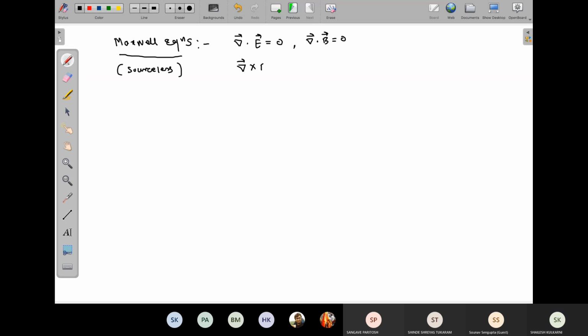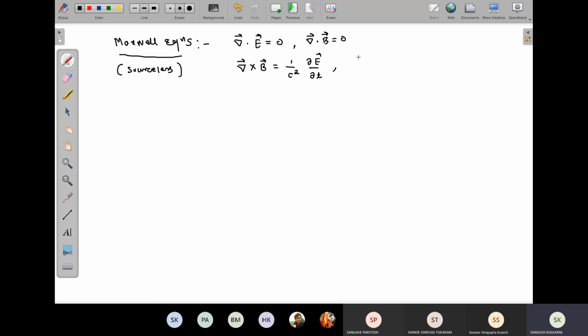And del cross B is equal to 1 over mu 0 epsilon 0. I'm assuming you have seen Maxwell equations, and I will just write c here, del E by del t.